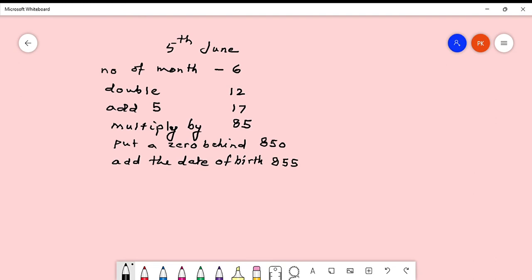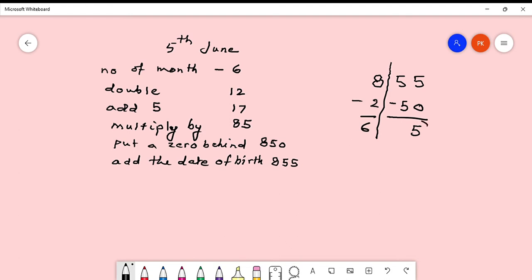Now tell her to tell you this number, 855. So from right, make a partition after 2 digits. So whatever number is there on the right, subtract 50 from it, that will be 5. And whatever is the number on the left, subtract 2 from it, that is 6.